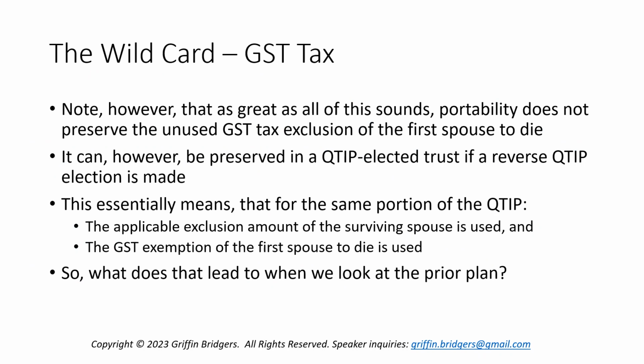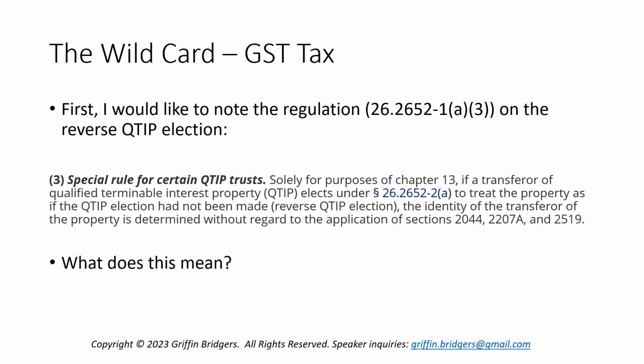But because of the reverse QTIP election, it means that for the same portion of the QTIP, we could use the applicable exclusion amount of the surviving spouse, not the first spouse to die, but the surviving spouse, because of the marital deduction. But we can flip the script and say that the GST exemption of the first spouse to die is used for that portion of the QTIP. So graphically, what does that look like? We'll look at it in a minute.